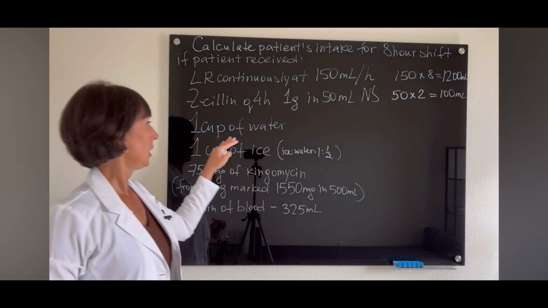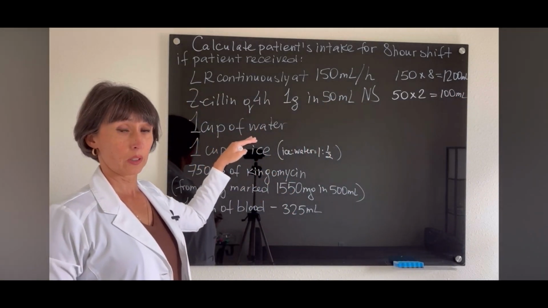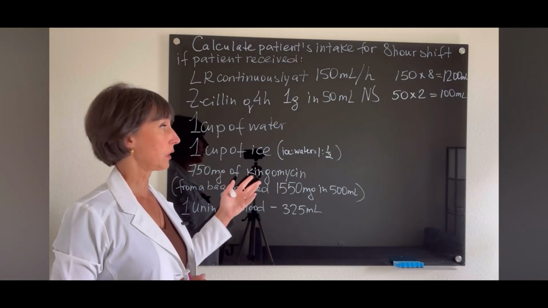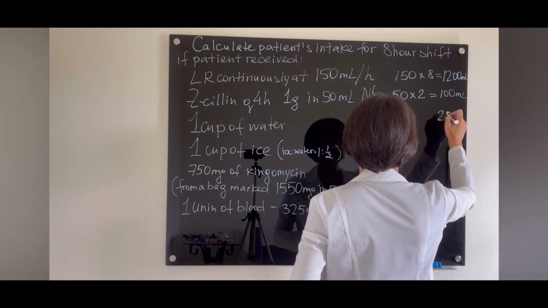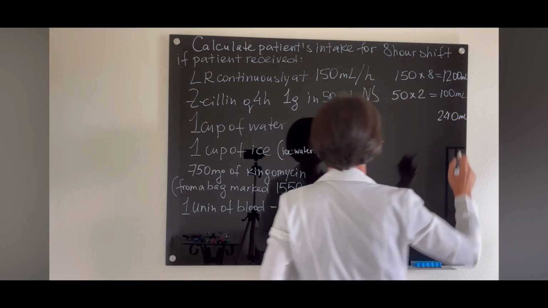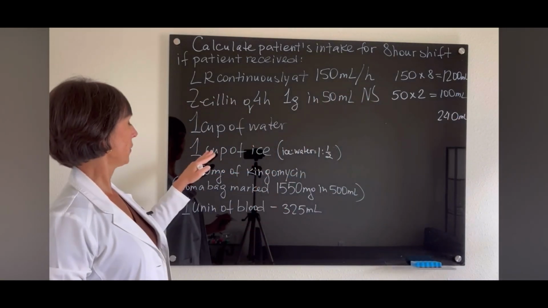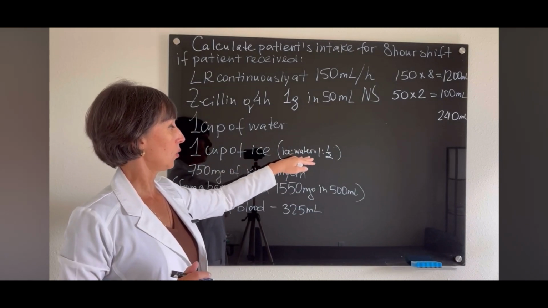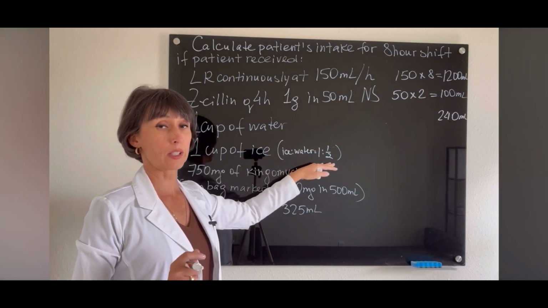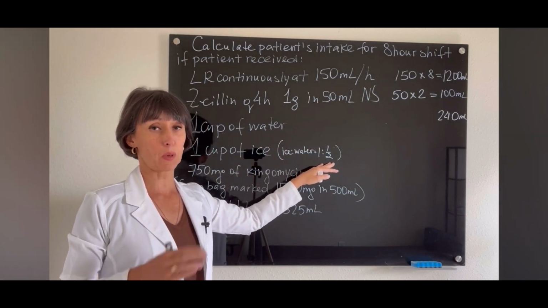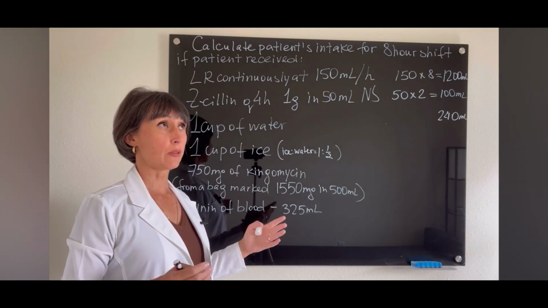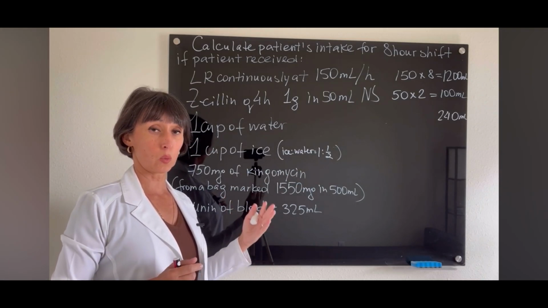Next item, cup of water. And you probably know by now that 1 cup equals 240 milliliters. 240 for water. 1 cup of ice. In the instructions here, ice to water is 1 to 1/2. What does it mean? Most of the time, especially if you're using ATI resources, we calculate ice to water as 1 to 1/2.